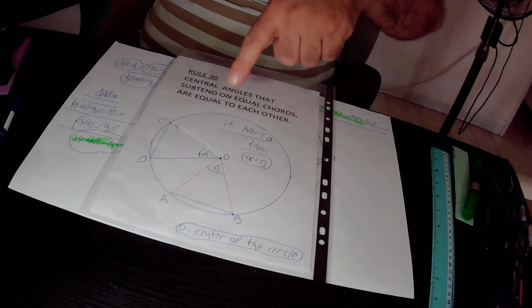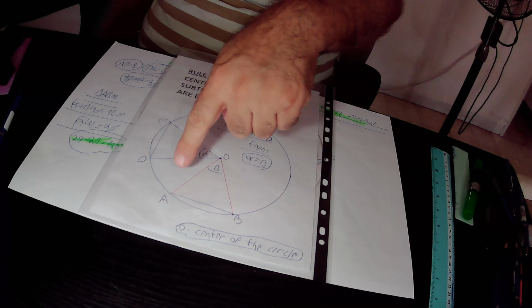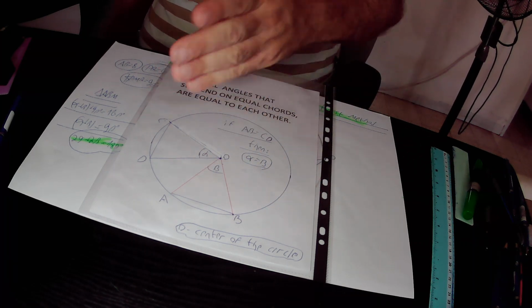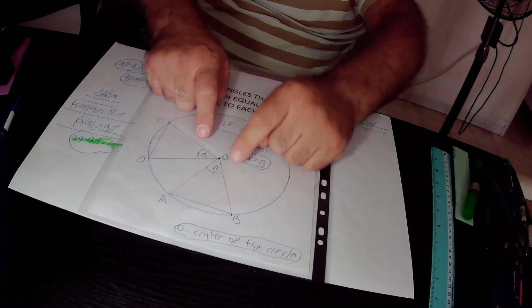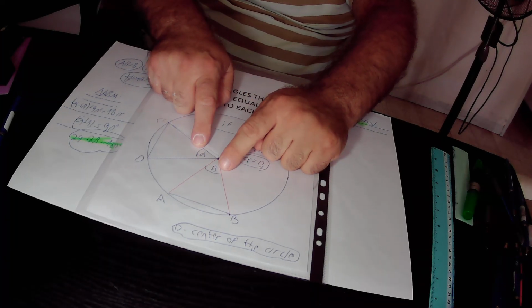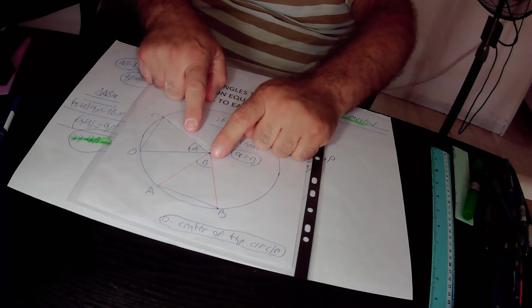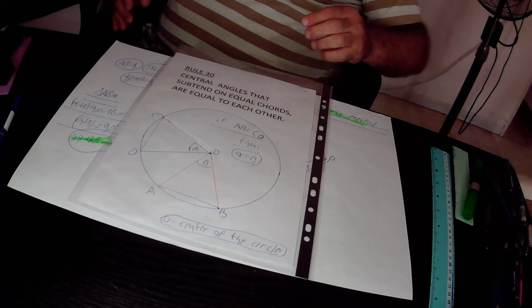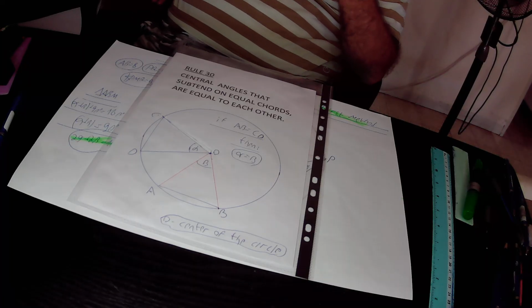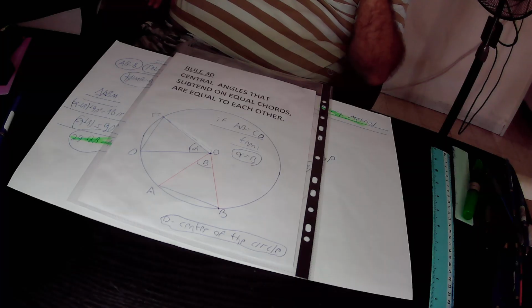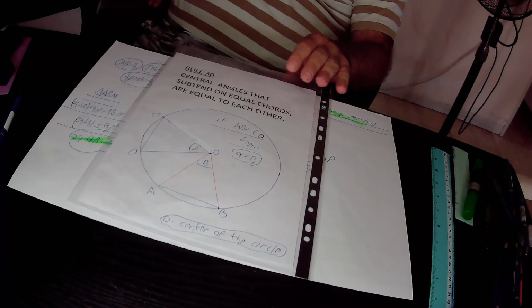We have another center angle AOB that's subtended on chord AB. So if chord AB equals chord CD, it means that those two center angles subtend equal chords, then they must be equal to each other in their sizes. That is why alpha equals beta. So if two or more center angles subtend equal chords, they must be equal to each other in their sizes, according to this rule, Rule 30.